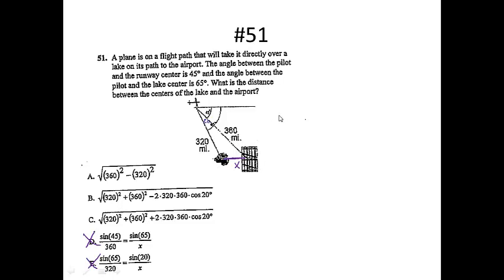Law of cosines, if you recall, is c squared equals a squared plus b squared minus 2ab cosine c. And since we're looking for the side across from the angle, x gets to be our c. So we're going to have x squared equals a squared. It doesn't really matter which one you let be a and which one you let be b.